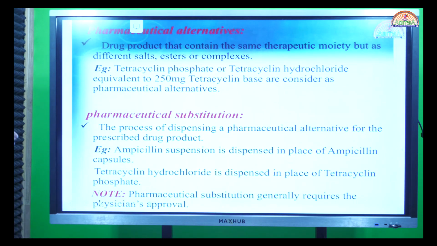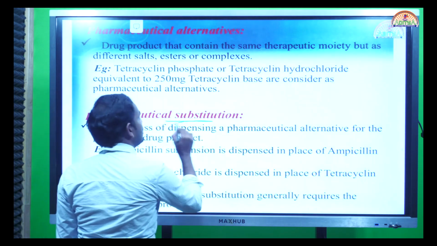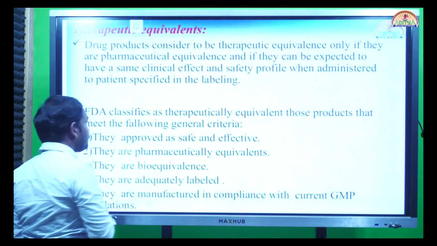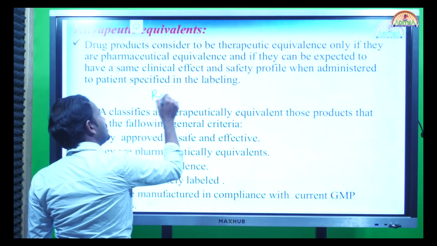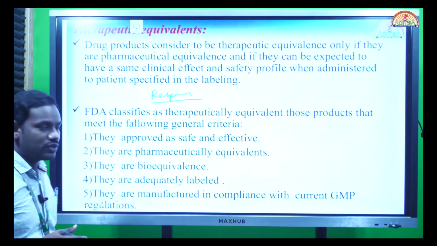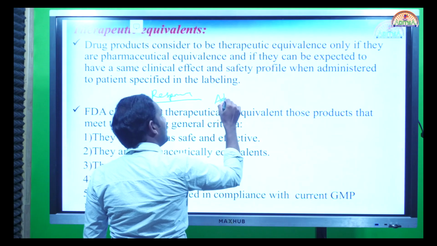So these bioequivalence studies are helpful to find out the pharmaceutical substitution compounds or alternative dosage forms. Therapeutic equivalence means, even though the API is different, if they are producing the same level of response, then it is called a therapeutic equivalent. Suppose adrenaline tartrate may have a different effect with respect to plain adrenaline.